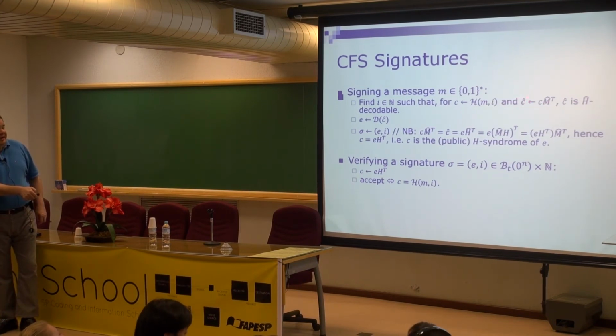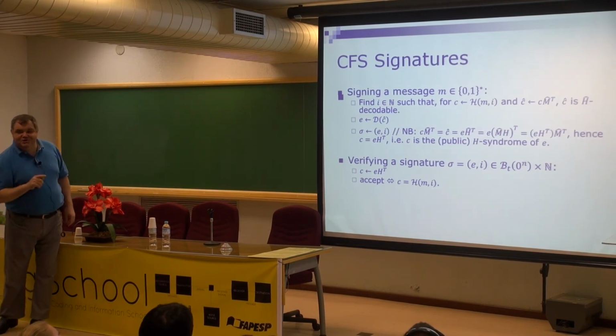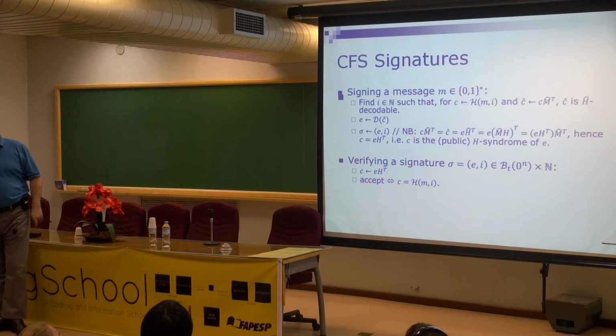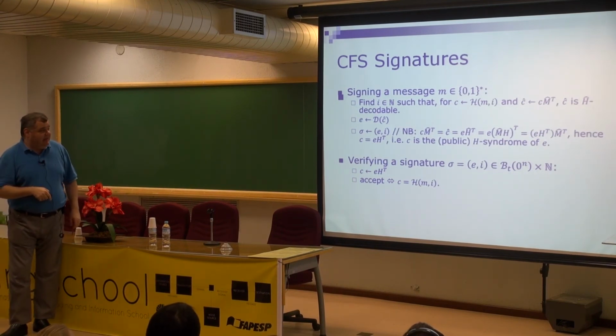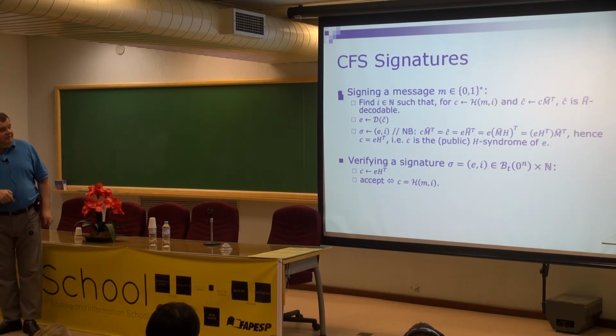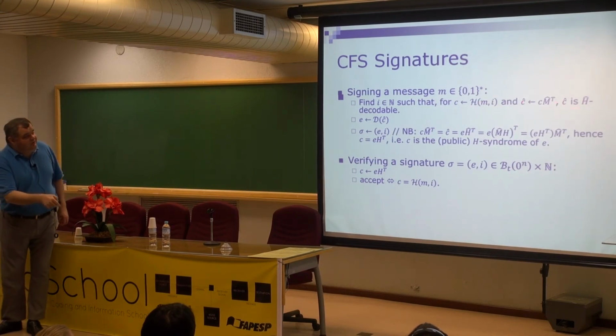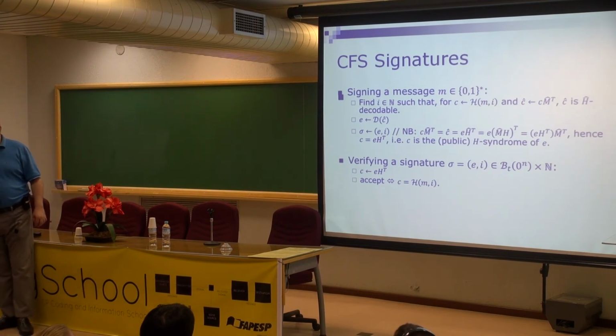Since C hat is decodable, we decode it, or we try to decode it. I mean, we are assuming that it is. It may or may not be decodable. Okay, try to decode it. What if it is not decodable? Increment the counter and try again. So find the smallest counter such that when you do this, C hat is a decodable syndrome. Okay?